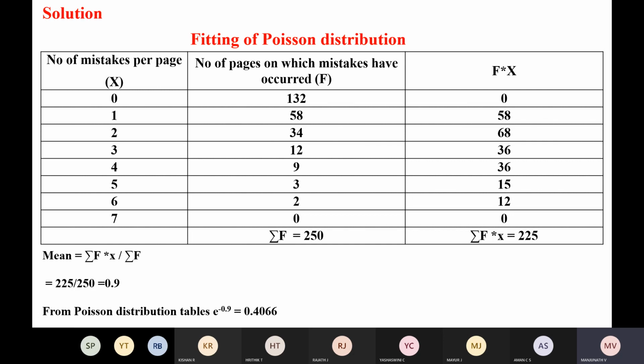Expected frequencies, you will get different answers. Hello?